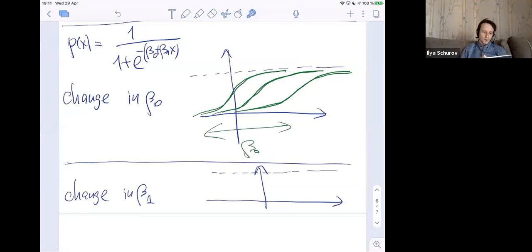So look, the larger beta 1, the faster this thing grows. So it is natural to assume that this beta 1 defines how fast our function grows. So if beta 1 is large, then we have faster growth.